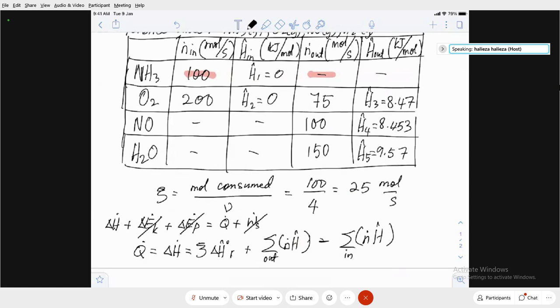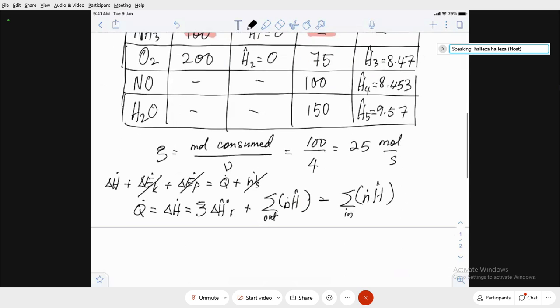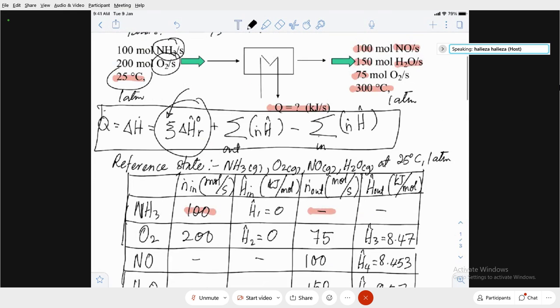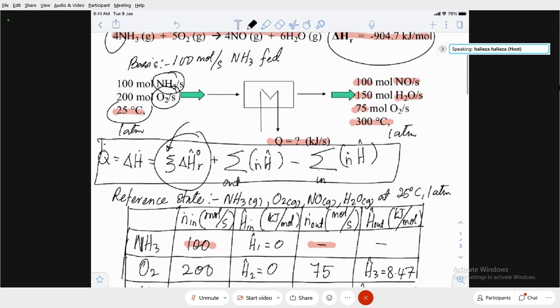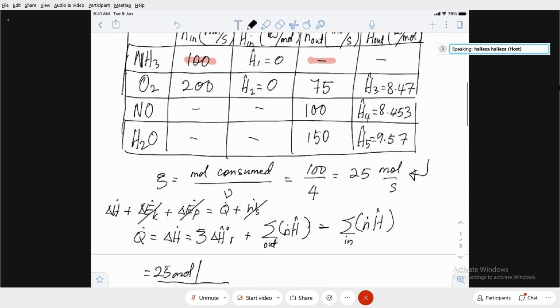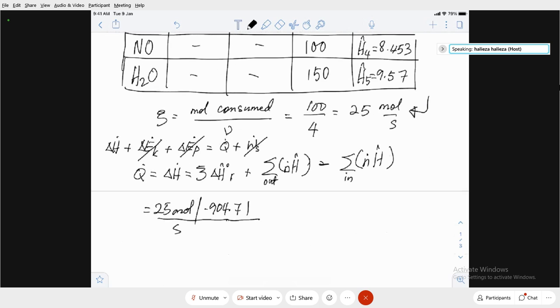So your extent of reaction just now we got already is 25 mole per second. Your heat of reaction is given. That is your heat of reaction, minus 904.7. The unit is kilojoules per mole. So you will cancel that out. You have kilojoules per second.